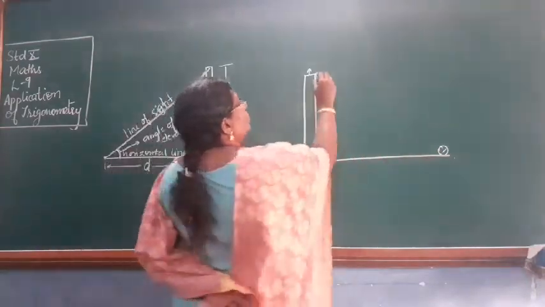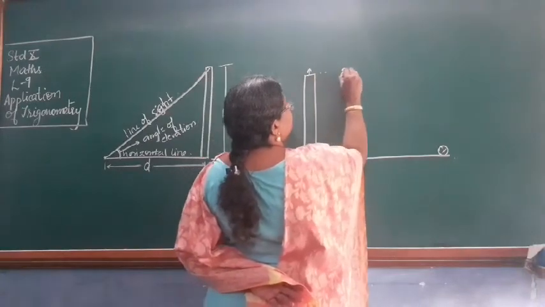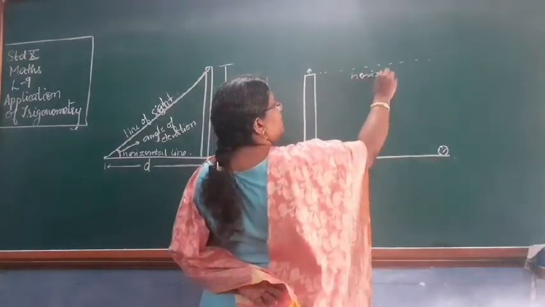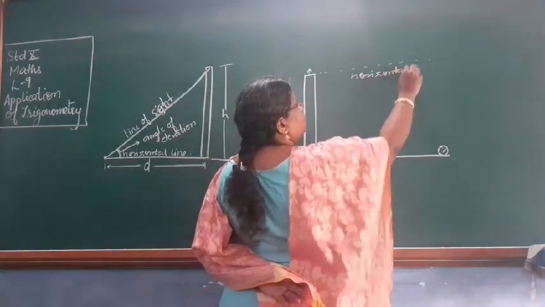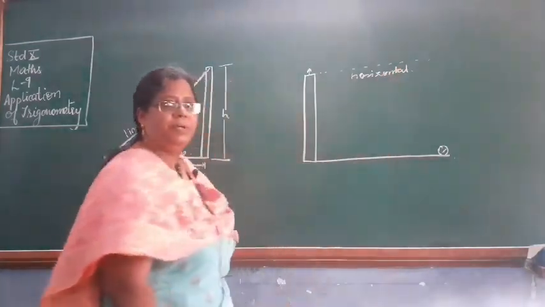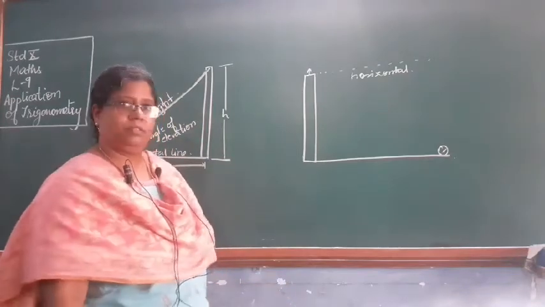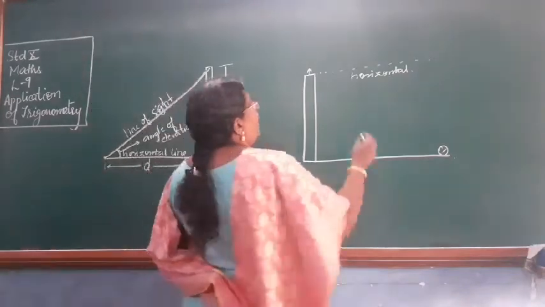Now if this is your observer, then this will be your horizontal line. The horizontal line is always parallel to the surface of the earth.